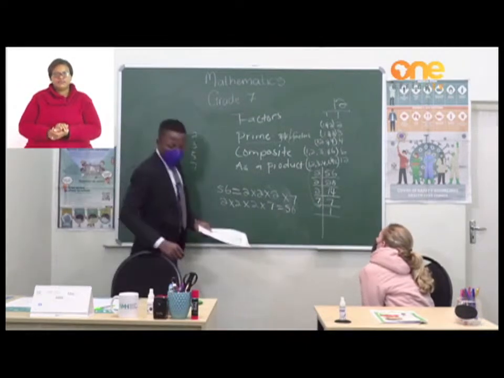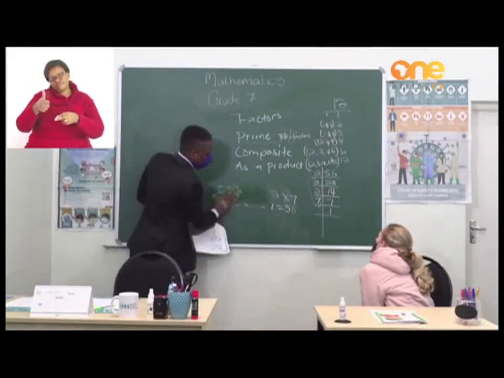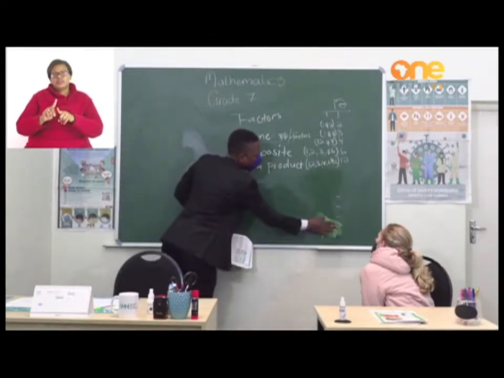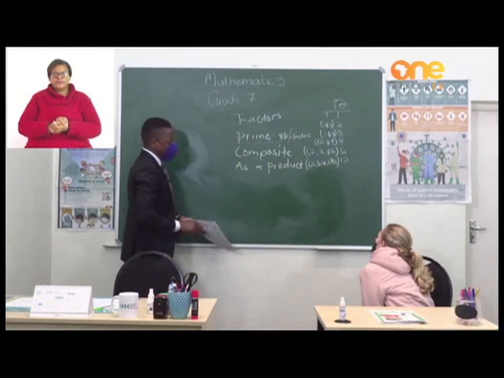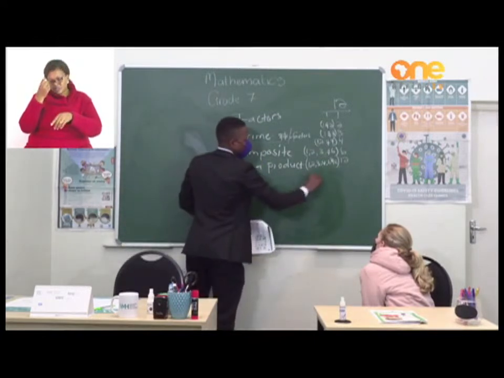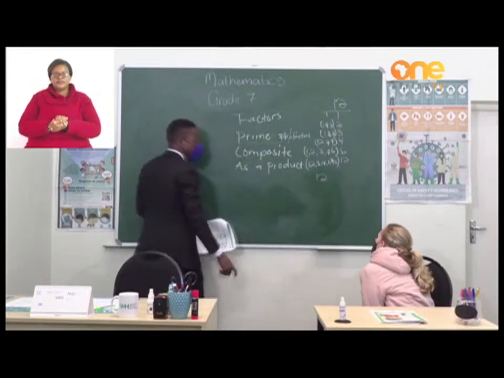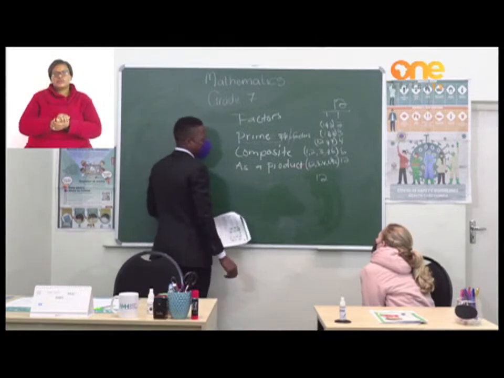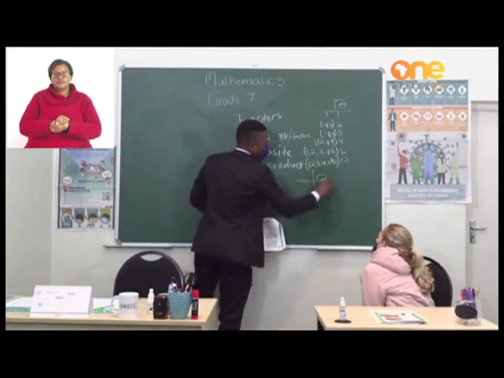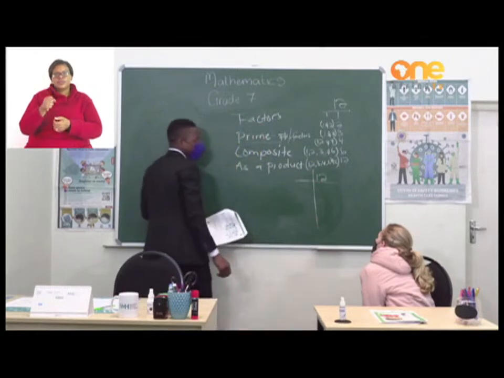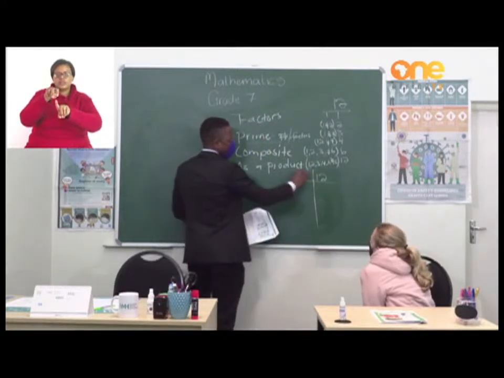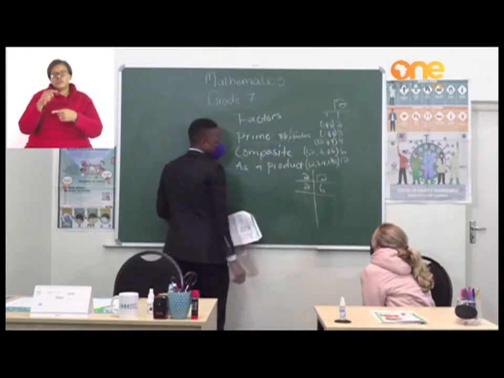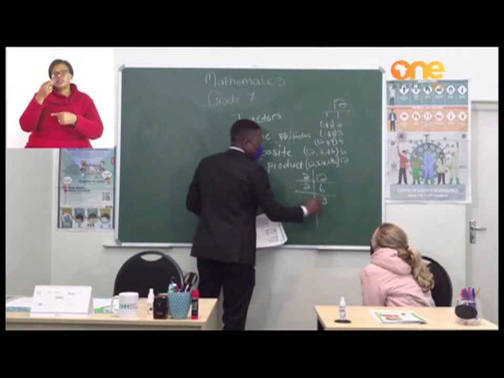I would like to give a first example of 12 that will not take long, just to make things much more understandable. We have 12. We must write 12 as a product of its prime factors. Remember, our lowest prime number is 2, so we can halve it with 2, we get a 6. 6, we can halve it with 2, you get a 3.